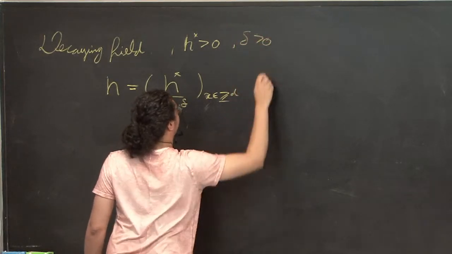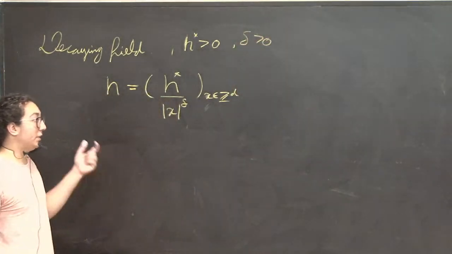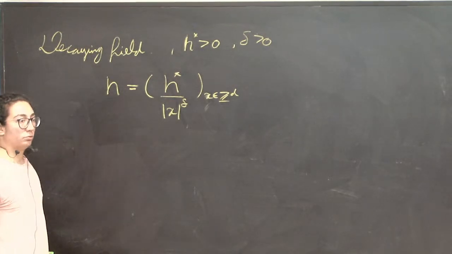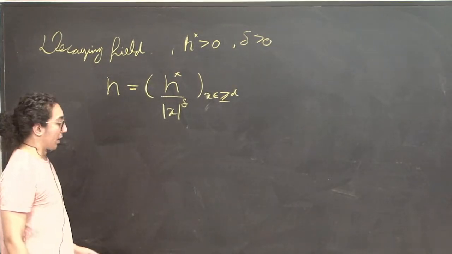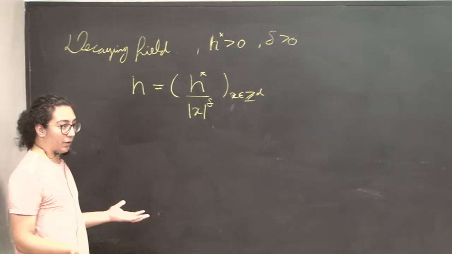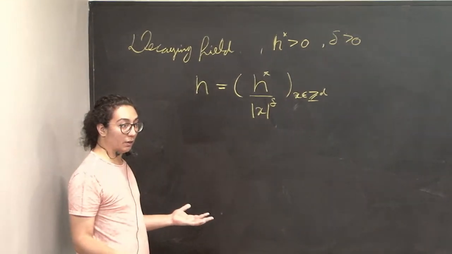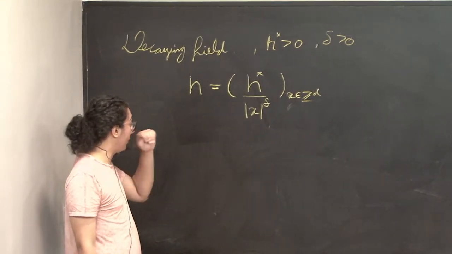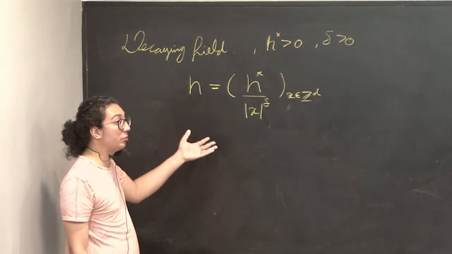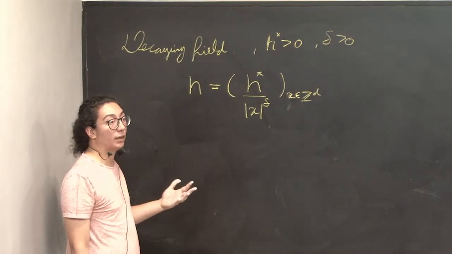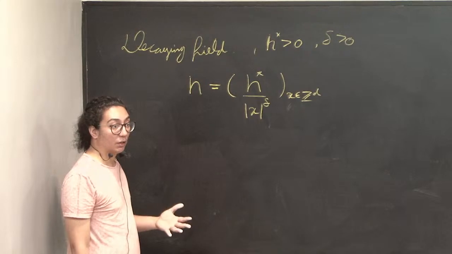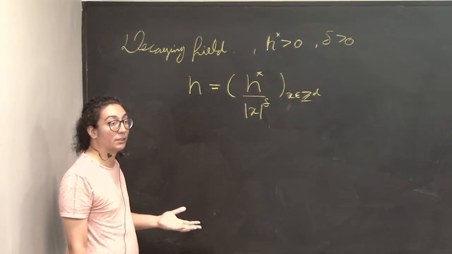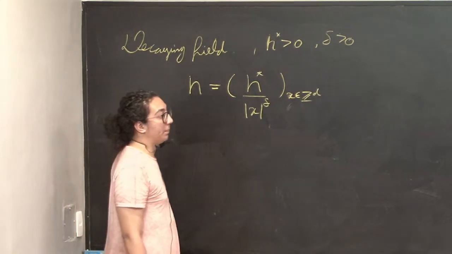And remember, this is the decaying field. It's a field that decreases as it goes away from the origin, and when you put this field, we do not have a translation invariant system anymore.